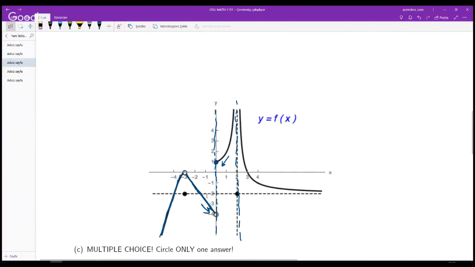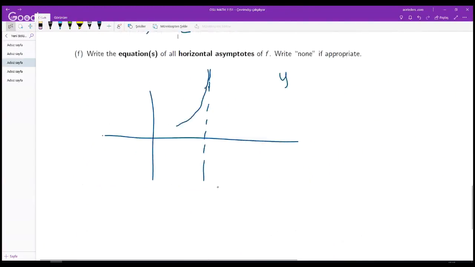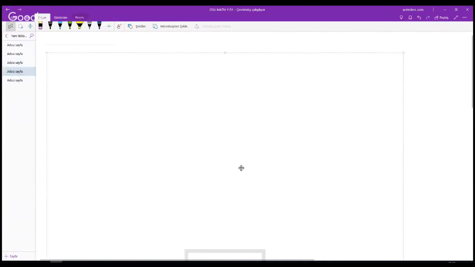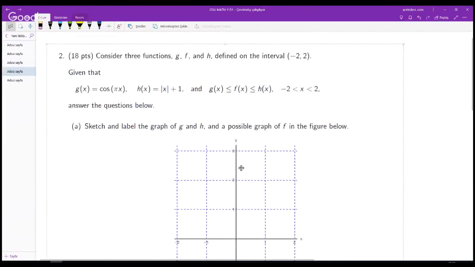The function will approach that dashed line, but yes, y equals -2 is exactly a horizontal asymptote. Okay, so this question is completed, and please write me if you have any questions, any points that you need clarification for the previous question.